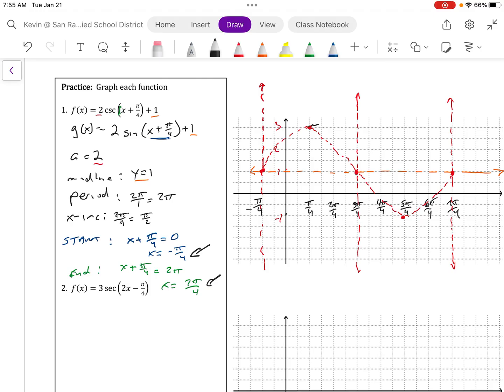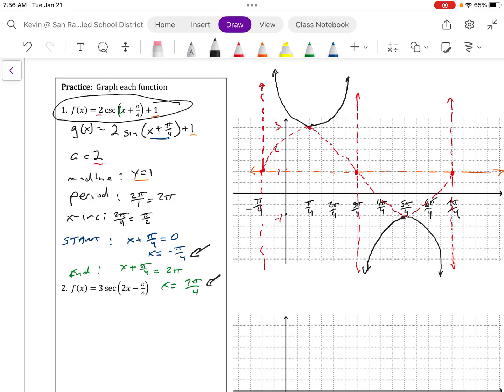At the maximum, I'm going to draw here and here, and draw down here and here. So this line in black is my actual function, my cosecant, right? That's the cosecant with the different transformations.